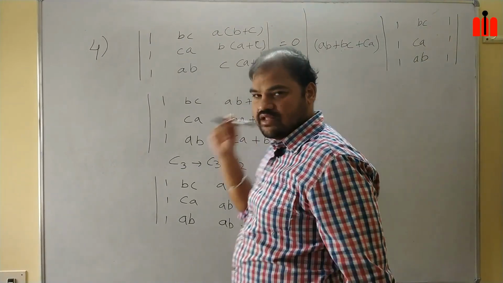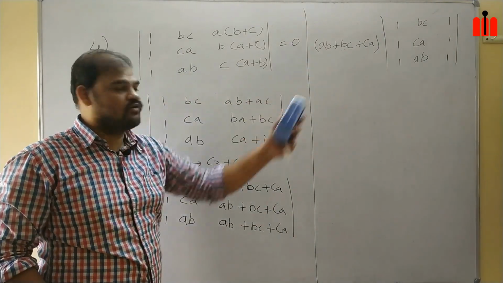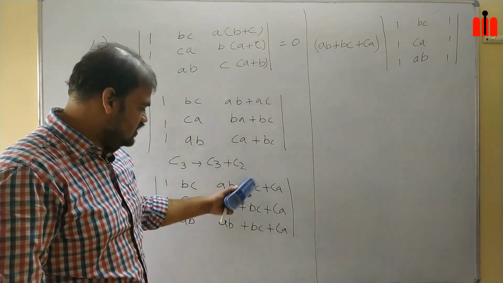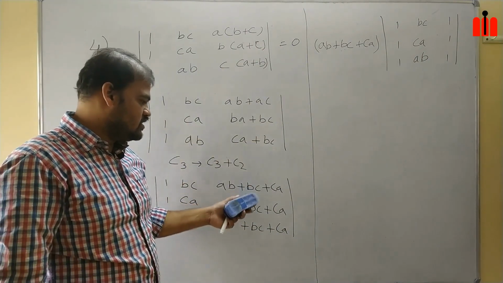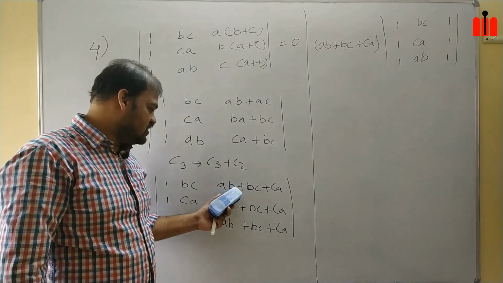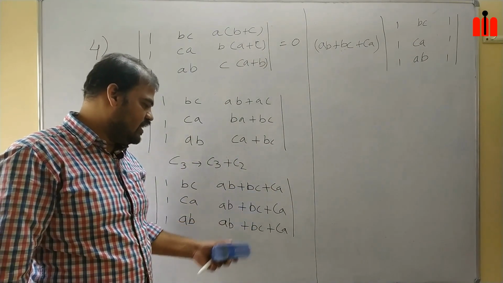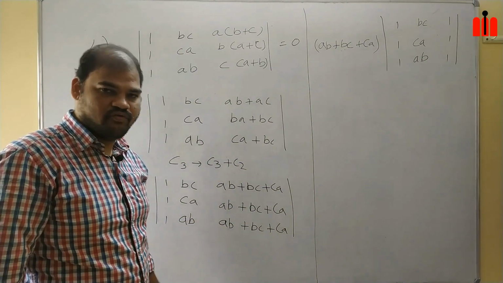This will be the result after taking AB plus BC plus CA common from that determinant. The entire column C3 is common, so from C3, if I take AB plus BC plus CA out, here it will become 1, here 1, here 1.